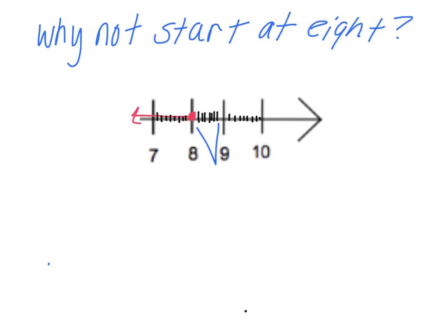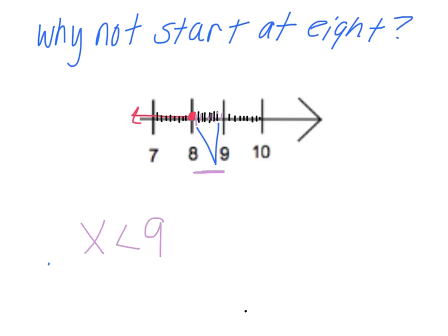But you may be thinking, why not just start at 8? If it doesn't include 9, why can't I just start here at 8 and draw my line down? And the reason for that is because you'll see here in between 8 and 9 there are a lot of numbers. There's decimals, and according to our solution set, x can be any number that is less than 9.